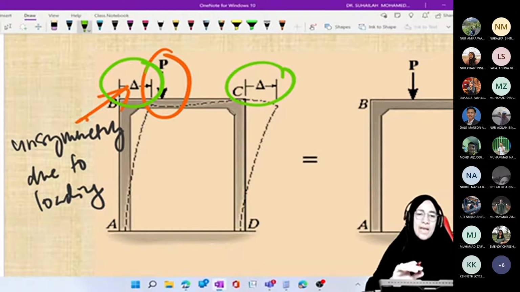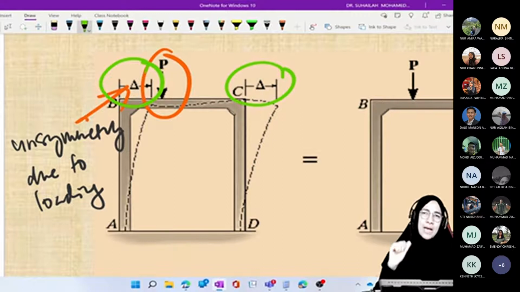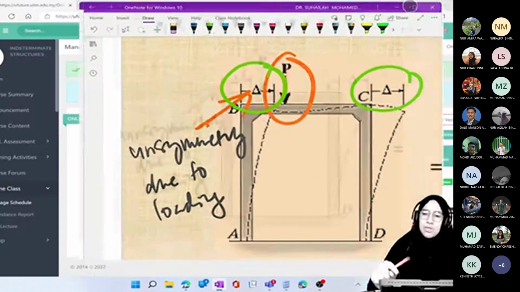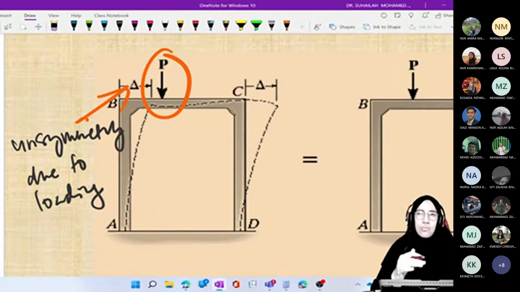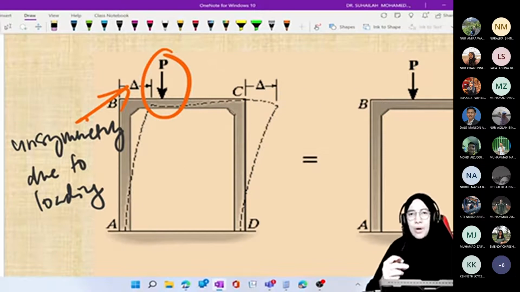Remember that FEM we calculate based on two conditions. We can have FEM due to loading, and we can have FEM due to delta. The difference between beam and frame is that when we analyze a beam with support settlement, the settlement is given in the question.